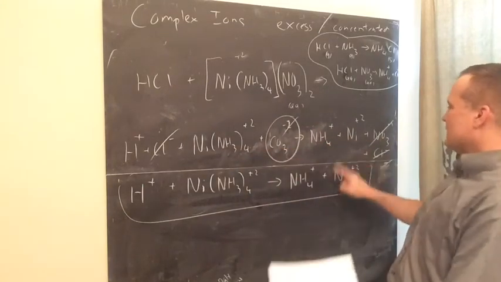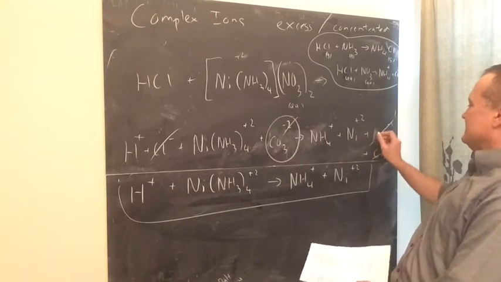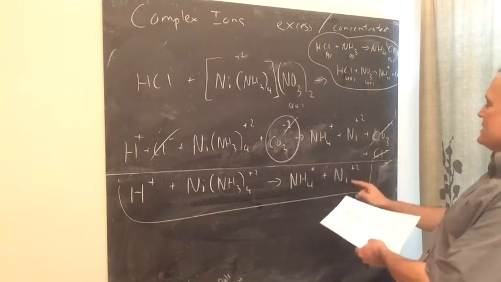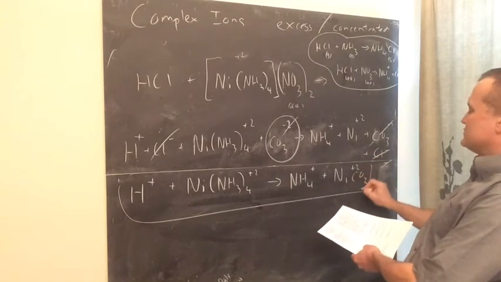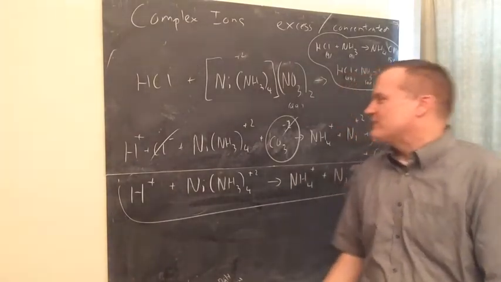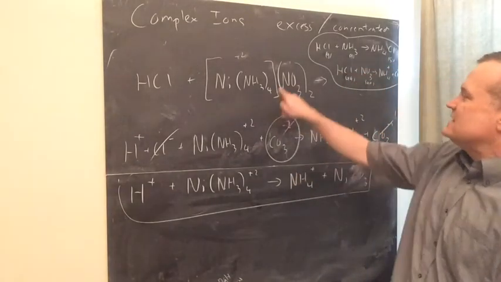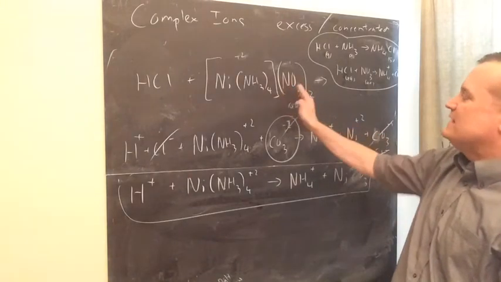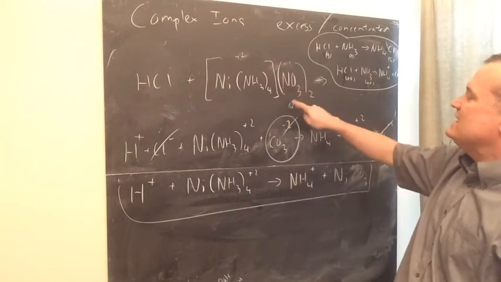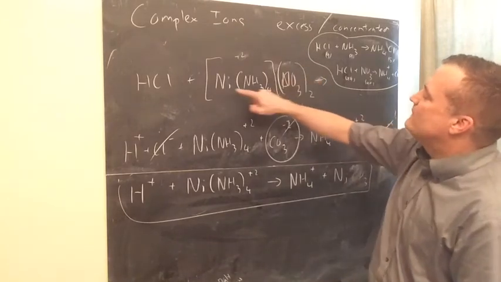Well, the nickel and the carbonate on this side would not be split up because nickel carbonate makes a solid. So you'd actually form a precipitate of nickel carbonate. That would be a really tough one for them to throw in there. But nitrates, they all dissolve. No big deal.